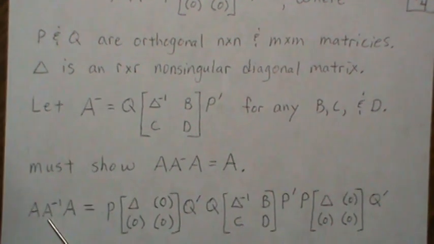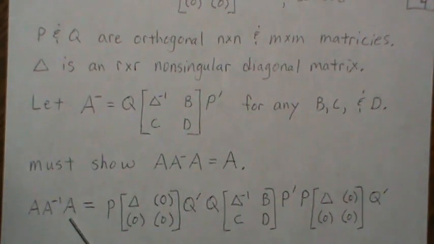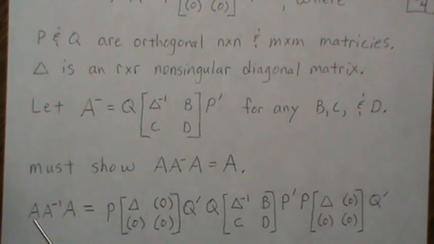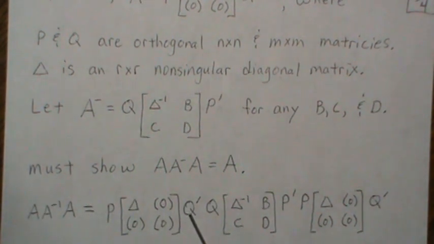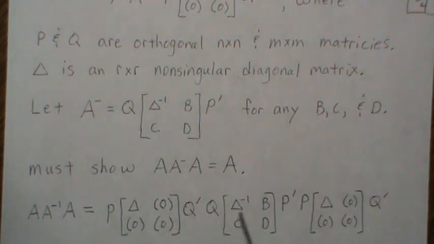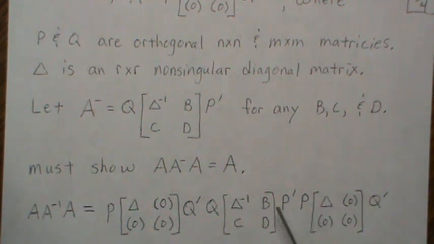So we must show that this generalized inverse satisfies the conditions for a generalized inverse. We start out with this, and then we plug in what we know. This is A by the singular value decomposition theorem. We're claiming this is our generalized inverse, and this is A. Now Q and P are orthogonal, so that makes these the identity matrix, and those essentially go away in this matrix product. Now we multiply these three matrices and notice that there's a lot of zeros.